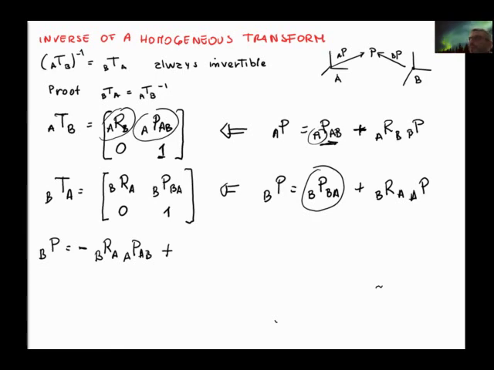Then we need to do something more. Well, for now we copy this. But we want to use also this data. So instead of using BRA, we use ARB transpose, its inverse, plus we do the same here.